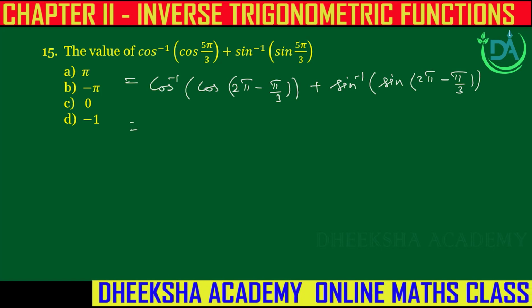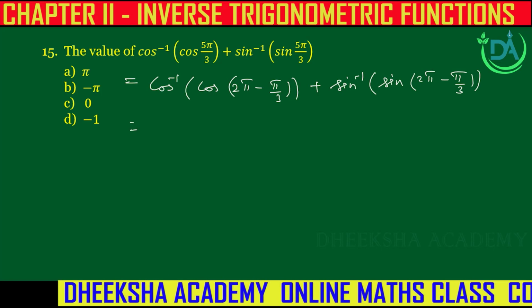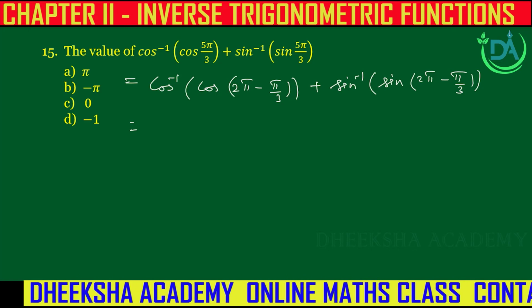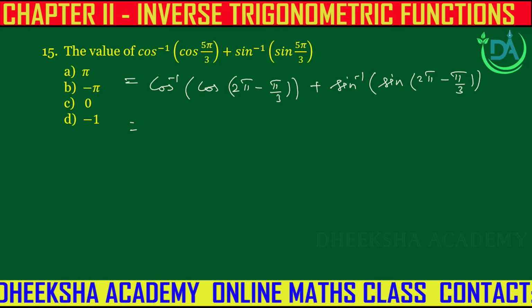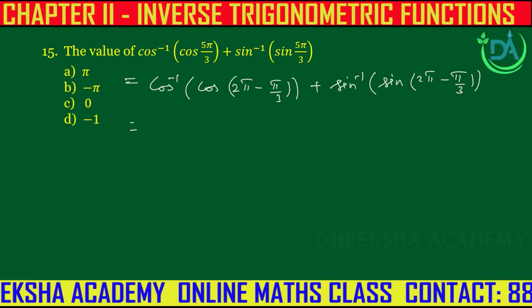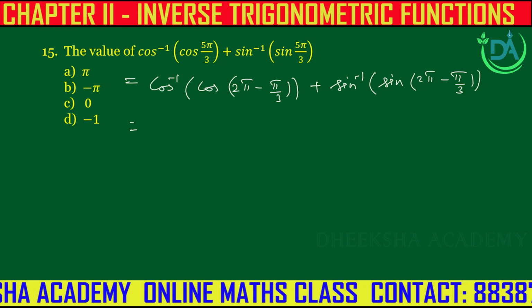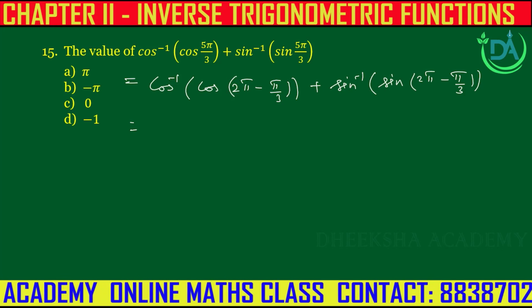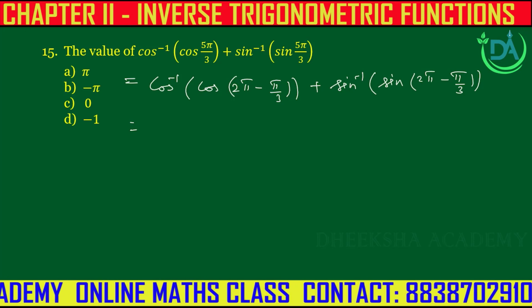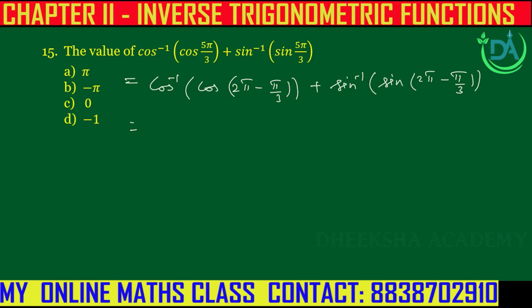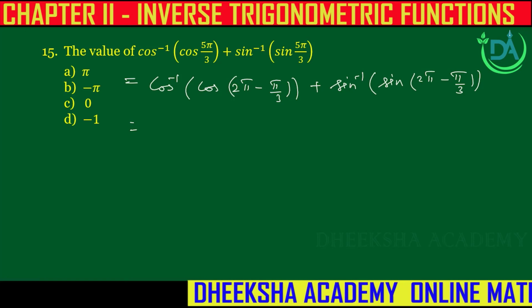Because for cos inverse of cos 5 pi by 3, this 5 pi by 3 does not belong to 0 comma pi, and for the sin inverse of sin 5 pi by 3, this 5 pi by 3 does not belong to minus pi by 2 comma pi by 2. So we can rewrite cos 5 pi by 3 like cos of 2 pi minus pi by 3 and sin of 2 pi minus pi by 3.